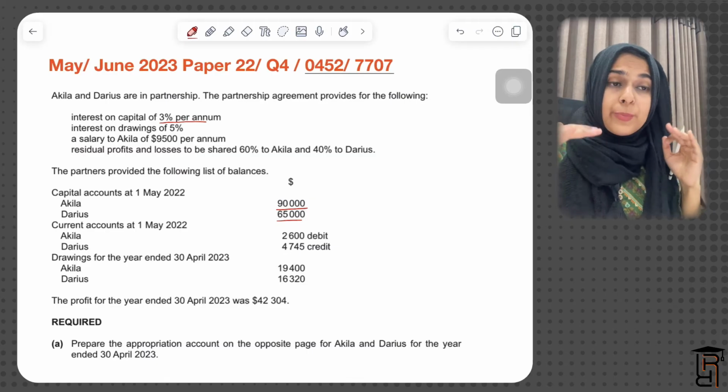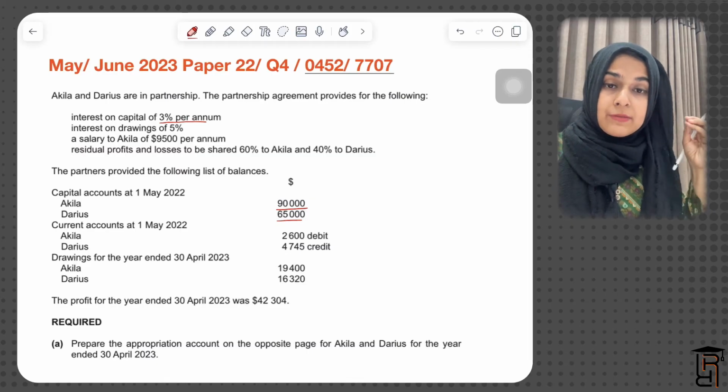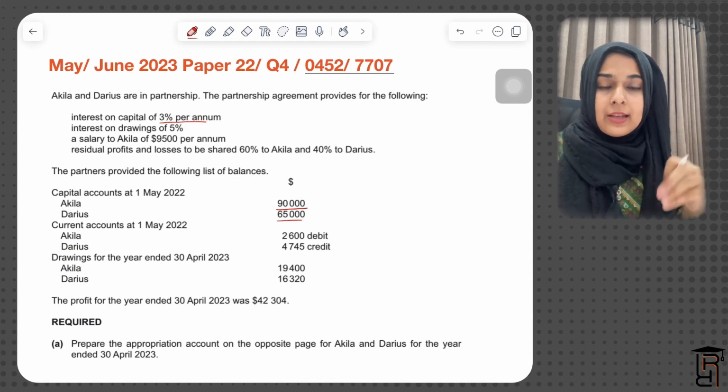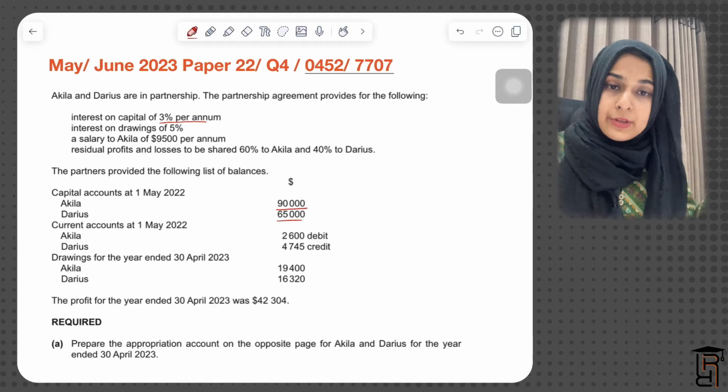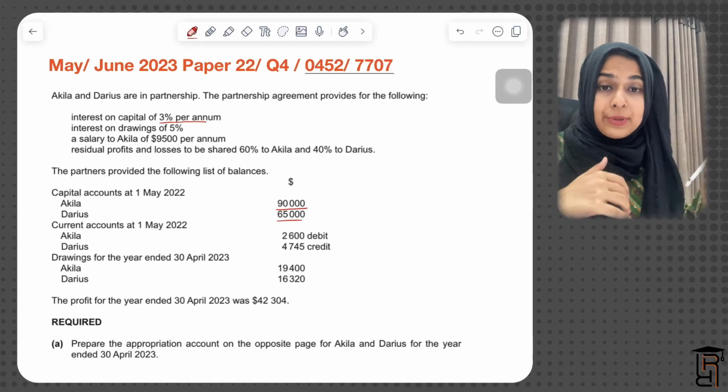But for partnerships, we have capital accounts that are kept fixed. So any permanent increase in capital, for example, in this case, let's say Akila brings in more capital, that will be put into the capital account.